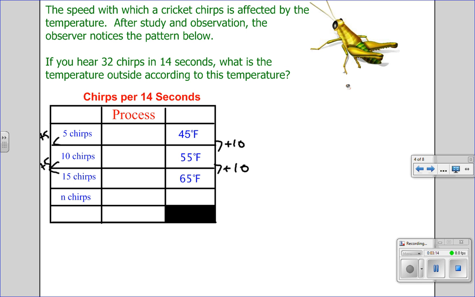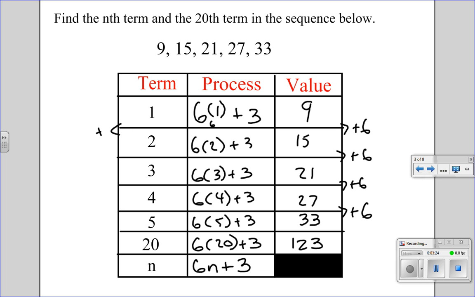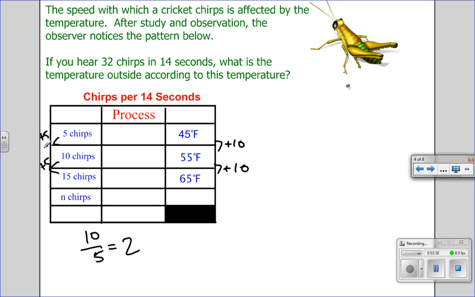So if you remember back to our slope lesson, we had to do our change in y over our change in x. So 10 over 5 would actually be 2. The reason we didn't have to really do that over here is because 6 over 1 is still going to equal 6. But in this case, since the change is bigger than 1, I need to actually divide. So 2 is the number in front, times 5, well, that gives you 10.